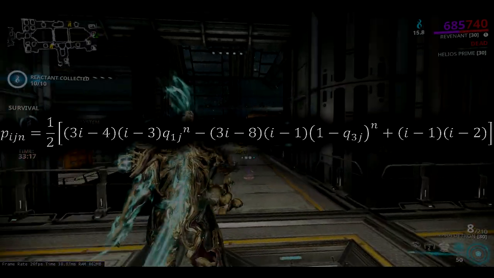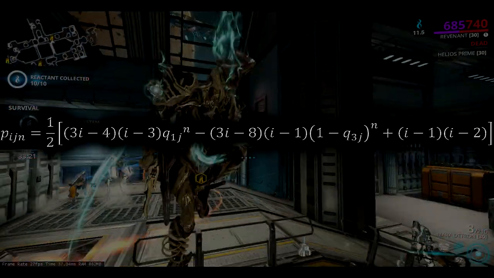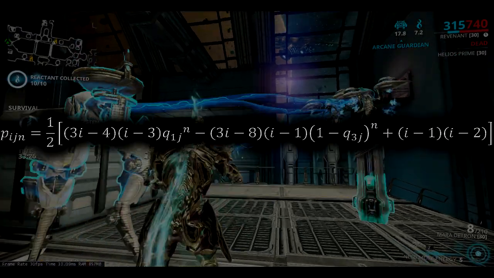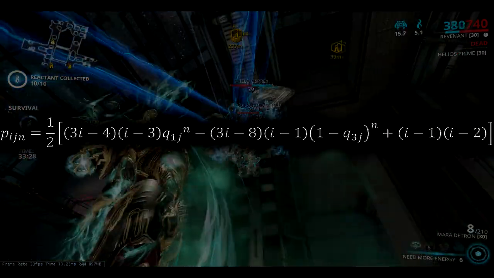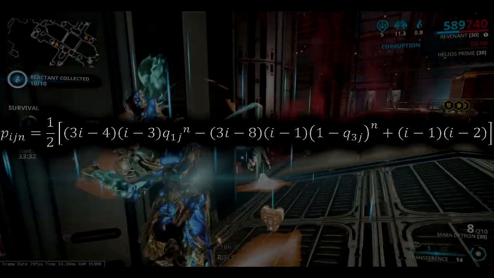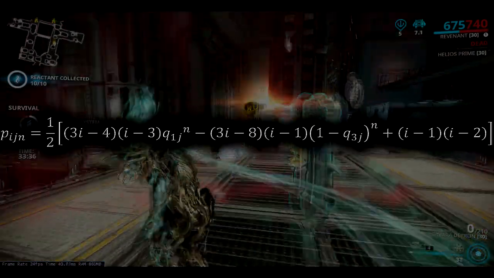So, P_ijn is equal to half times (3i minus 4)(i minus 3) times P1j to the power of n, minus (3i minus 8)(i minus 1) times (1 minus Q3j) to the power of n, plus (i minus 1)(i minus 2).